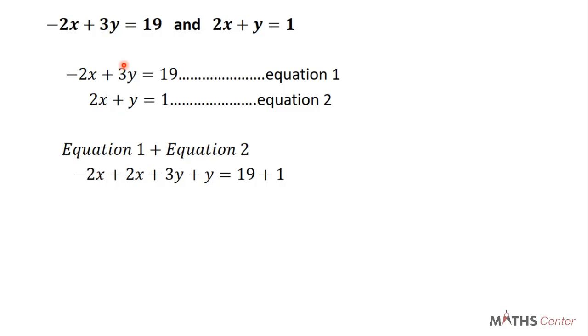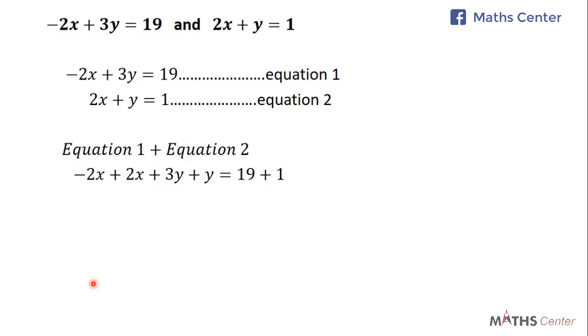We move on to the second part, which is 3y. We add it to the second part of equation 2, which is y. So 3y plus y. Then we bring our equal to sign. The third part, which is 19, we add it to the third part of equation 2, which is 1. So we have minus 2x plus 2x, 3y plus y, then 19 plus 1, as we have here.